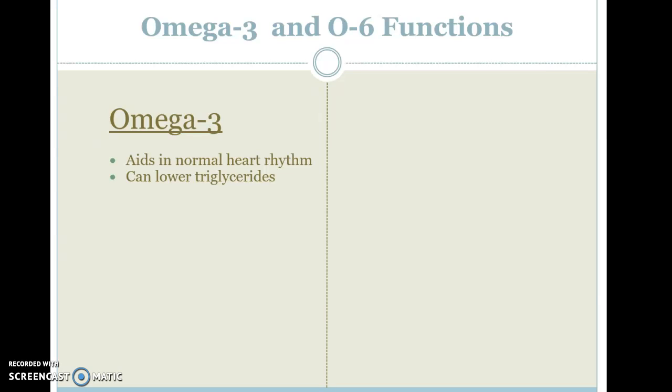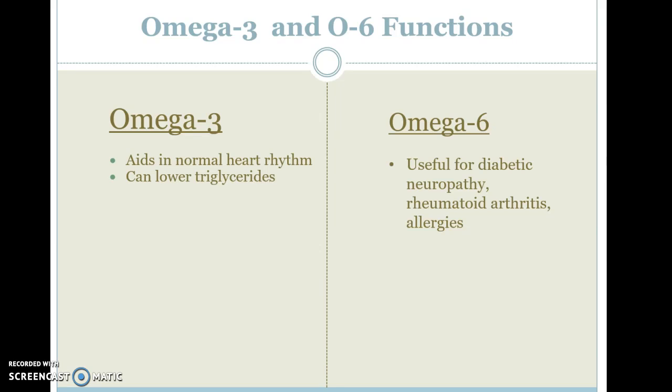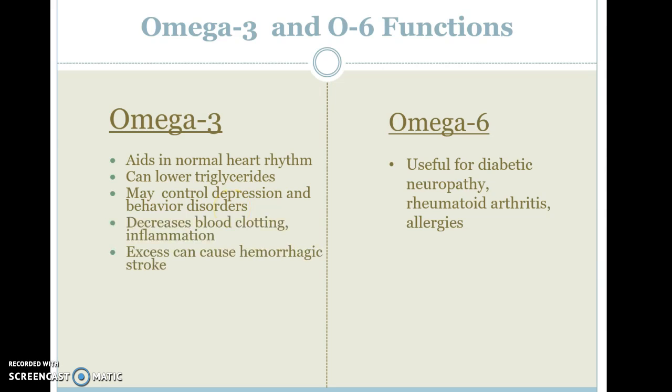Omega-3 helps with normal heart function. It lowers triglycerides. Omega-6 can be inflammatory. So what's happening, we think, is that we're maybe getting more omega-6 than omega-3, which is causing a higher incidence of allergies, arthritis, and diabetes, whereas omega-3 has been more helpful in controlling depression and Alzheimer's, preventing blood clots and so forth.